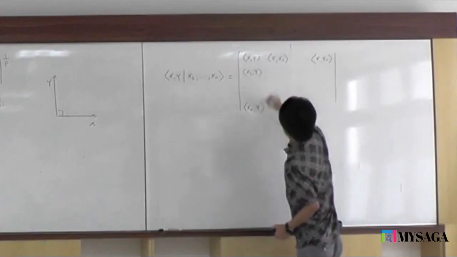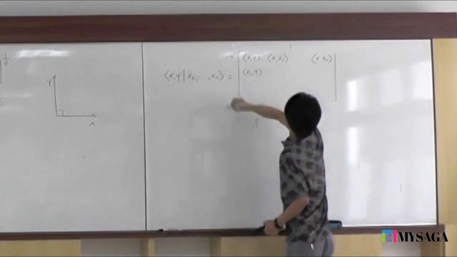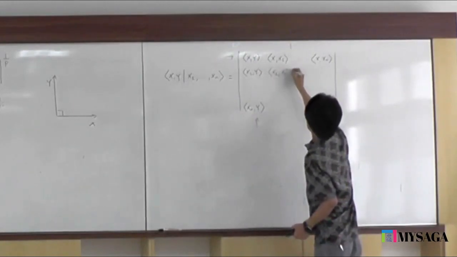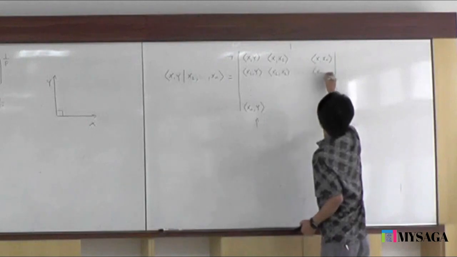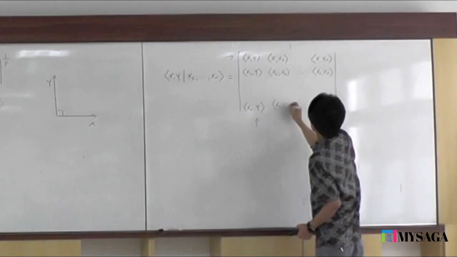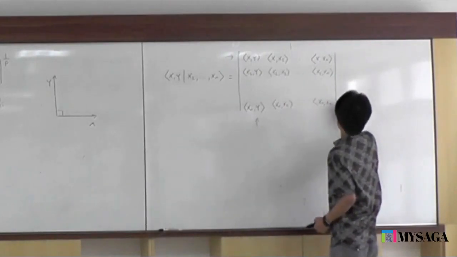So y is in the first column and x in the first row, and everything else here is just inner products of x2 up to xn.